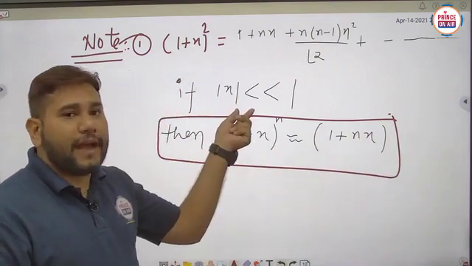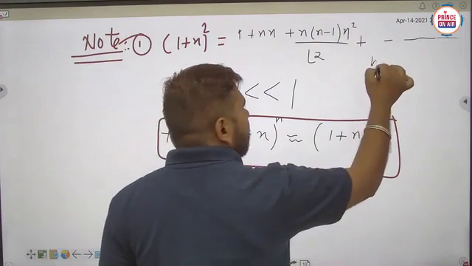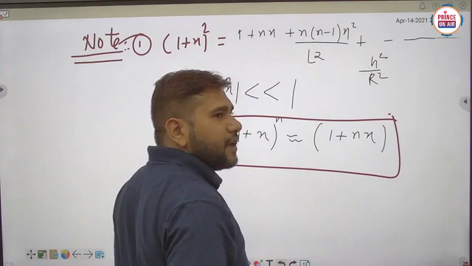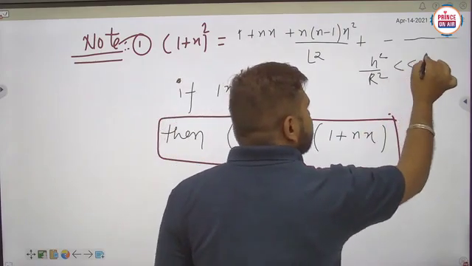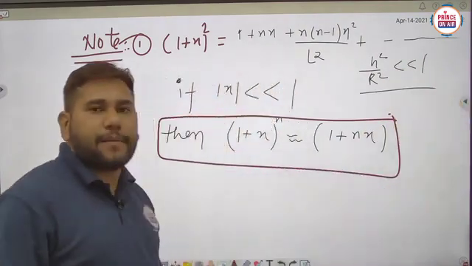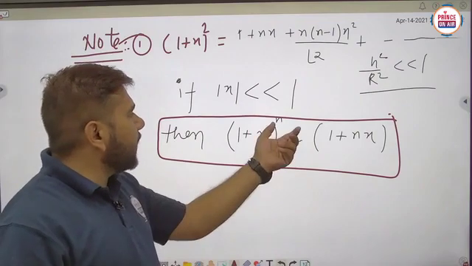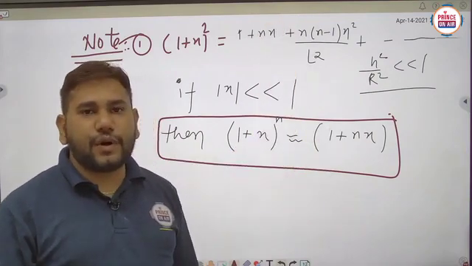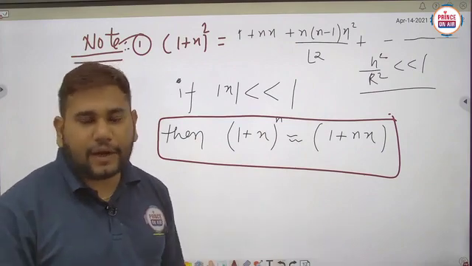When the value of x, here h square by R square, was very small as compared to 1. So I did (1 plus x) to the power n is directly equal to 1 plus nx. Clear to all of you, beta?